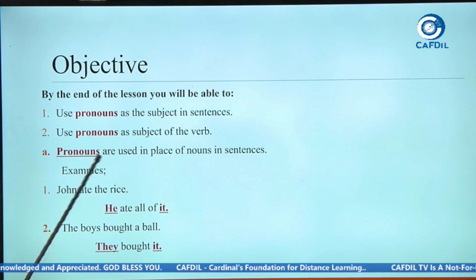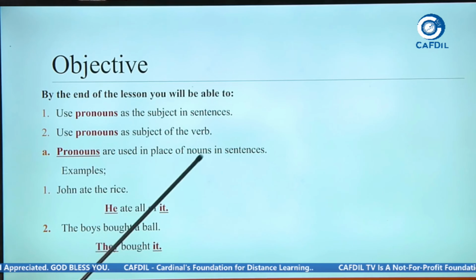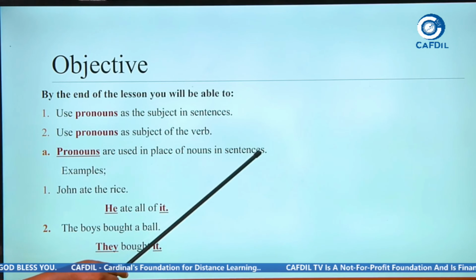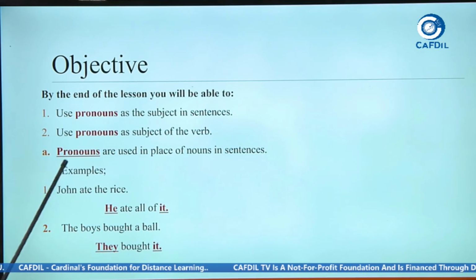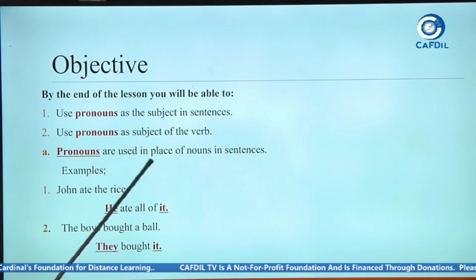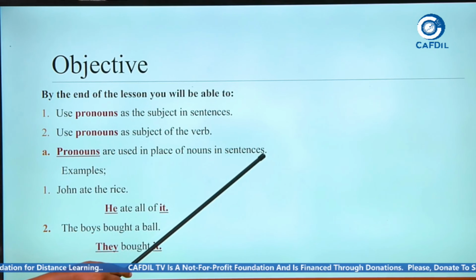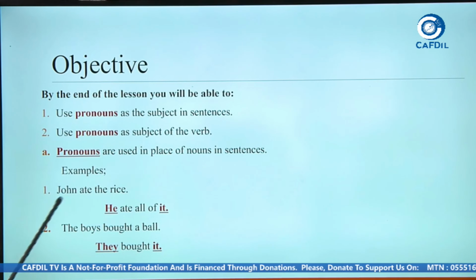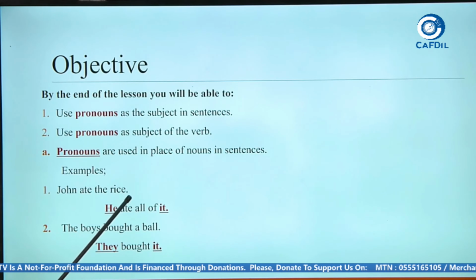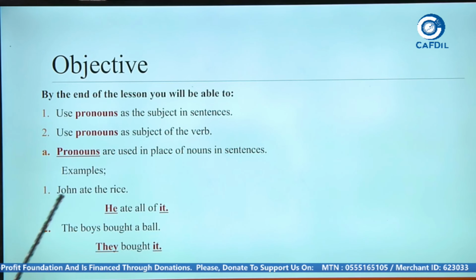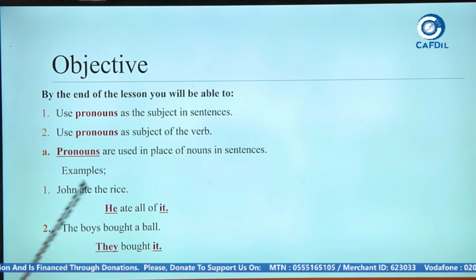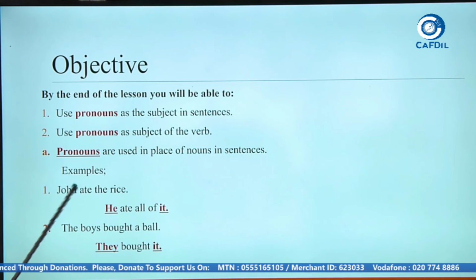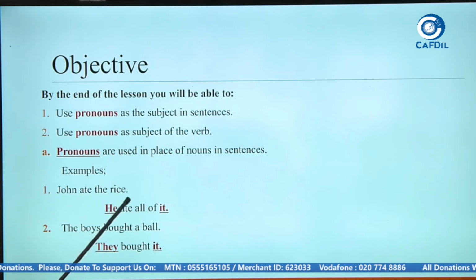A. Pronouns are used in place of nouns in sentences. For example, 1. John ate the rice.